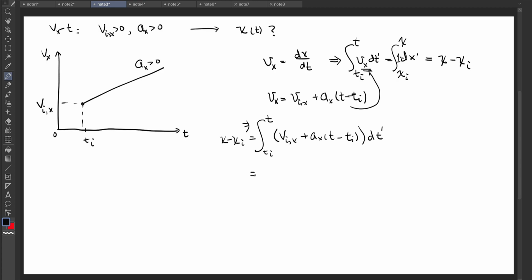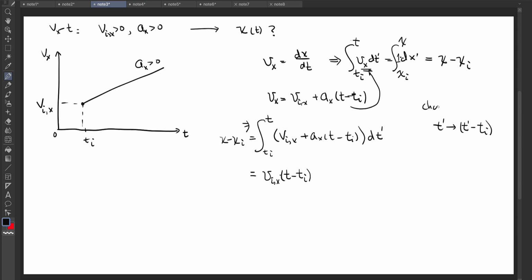So now let's see what kind of integral we get. So the first term here, Vix is a constant. So that can be integrated easily. Vix, which is a constant, so I just do the t final minus ti. Okay. Now the second integral here, because I can change the variable to t prime minus ti.